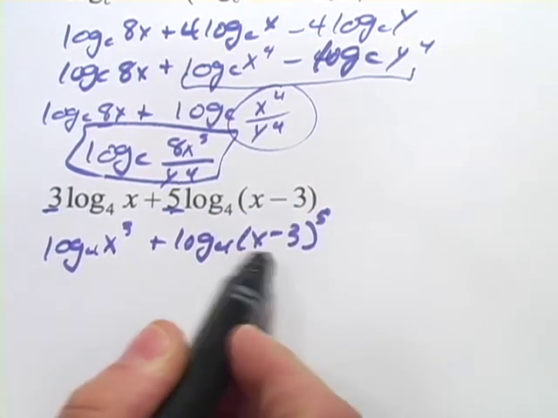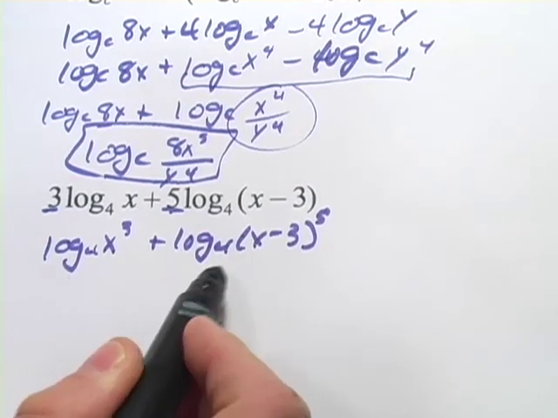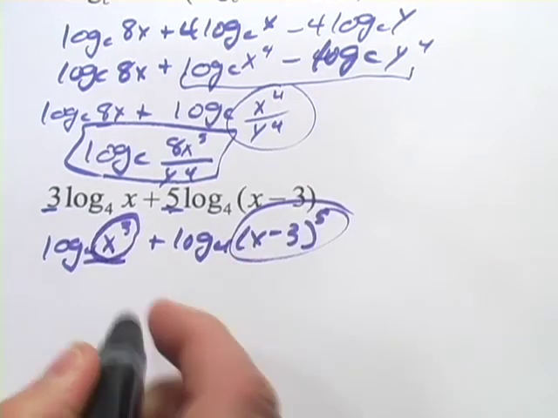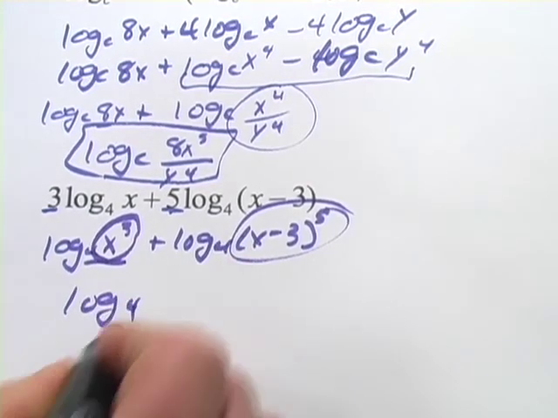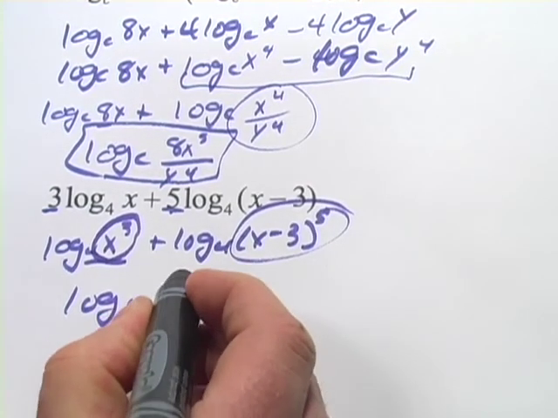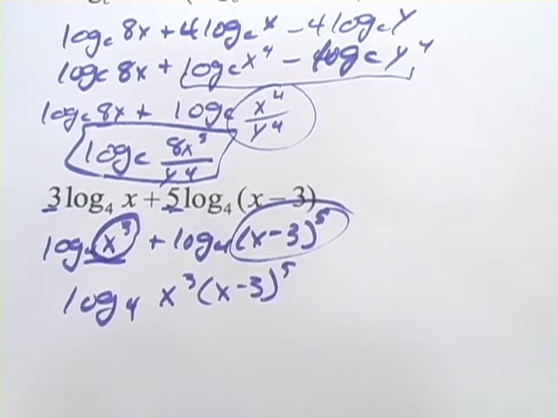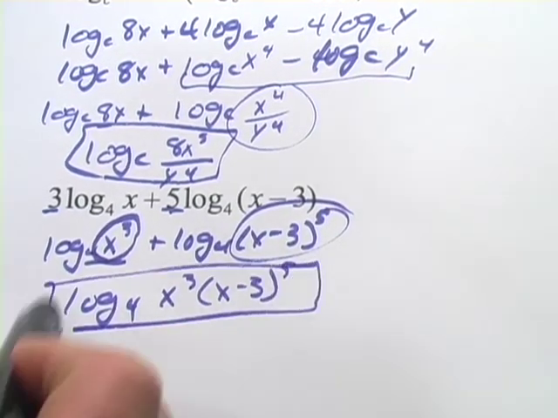And then we've got addition here, so this would simply be multiplying this part and this part. So we'd get the log base 4 of x to the 3rd times x minus 3 to the 5th, and I don't think we're going to go any further with simplification there.